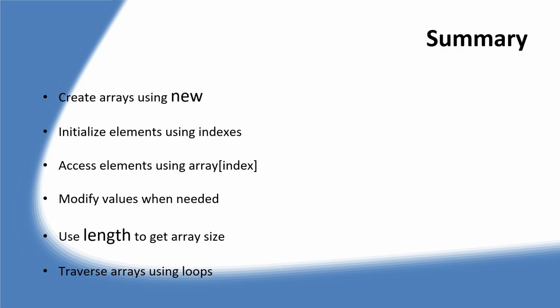And we have seen how to access elements using array square bracket index, and how to modify values for a particular index when needed. And we have seen the length property of an array, and using loop we have seen how to print all the elements of the array. So in this video we learned how to create, initialize, access and modify one-dimensional array in Java.